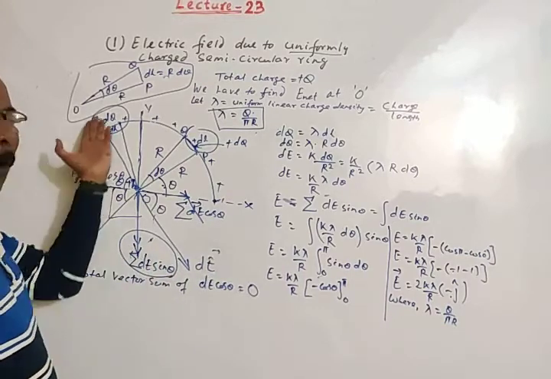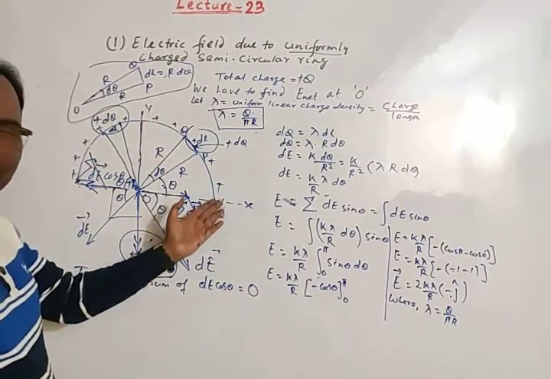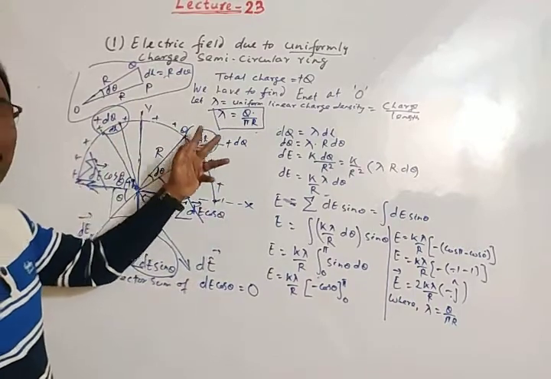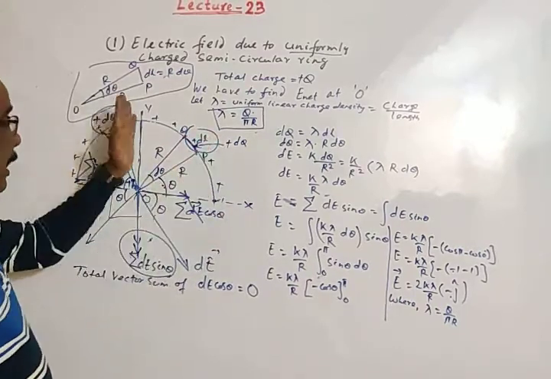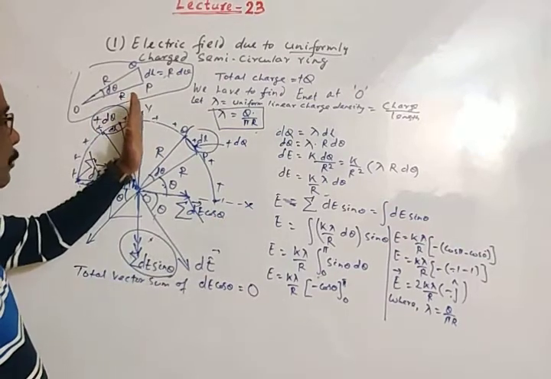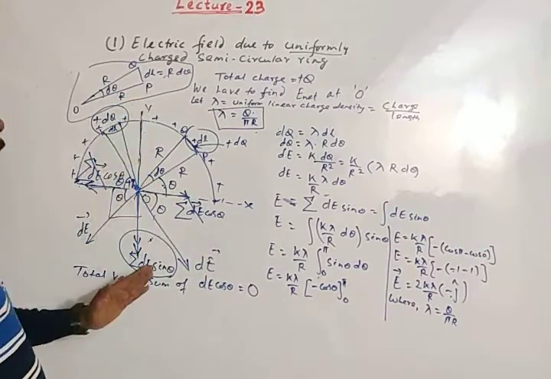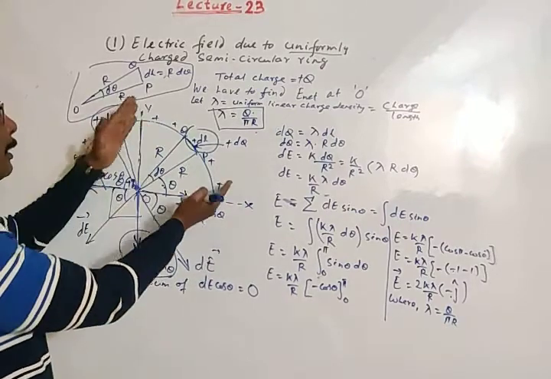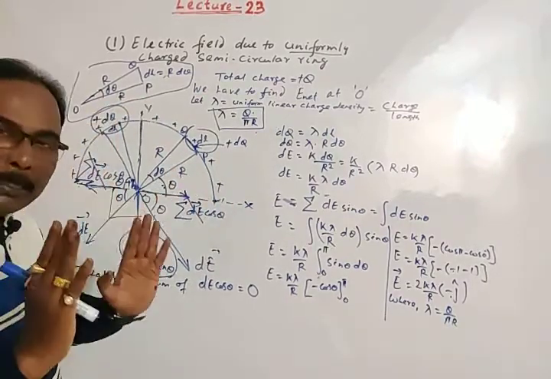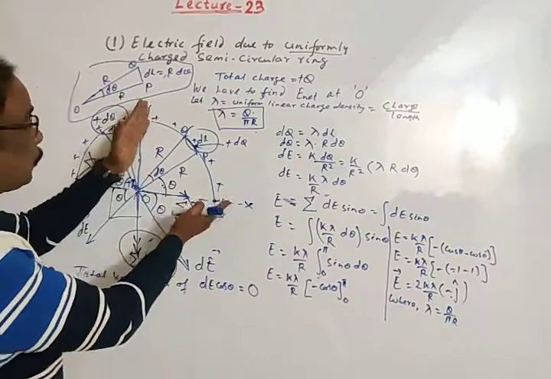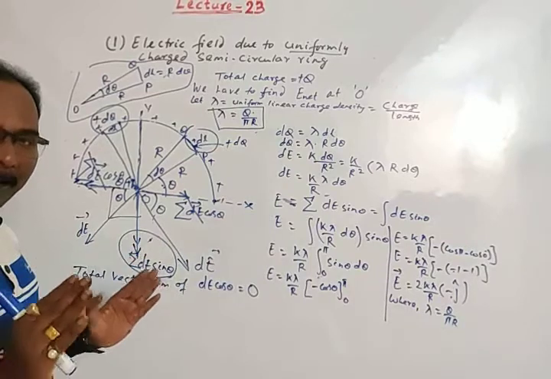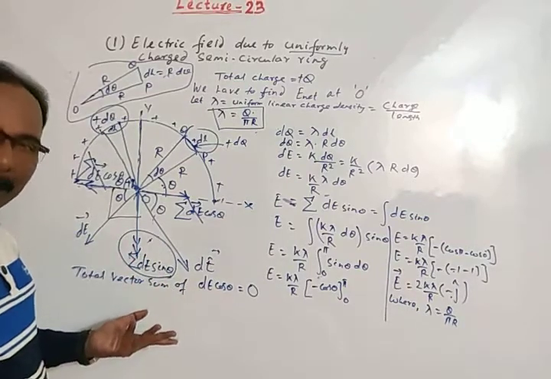The whole semicircular ring can be divided into a number of equal segments, each of length dl. The semicircular ring is symmetric about the y-axis, so the electric field due to this side is equal to the electric field due to this side. Means for both quarter circular rings, the electric field magnitude will be the same.